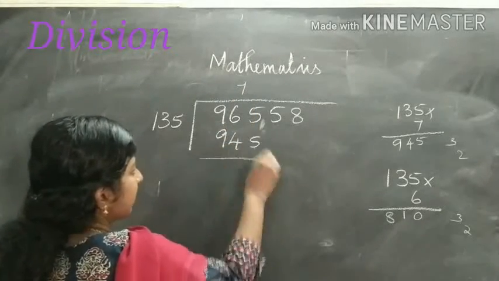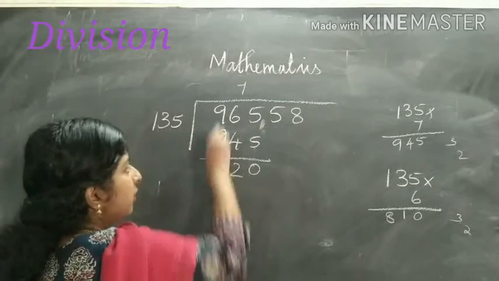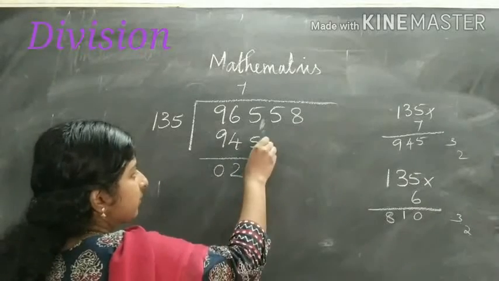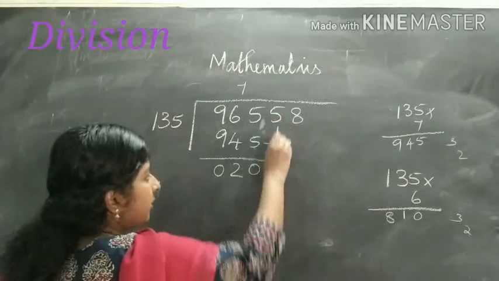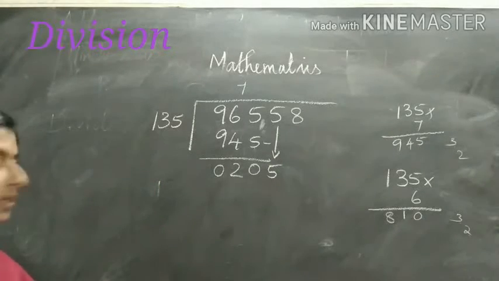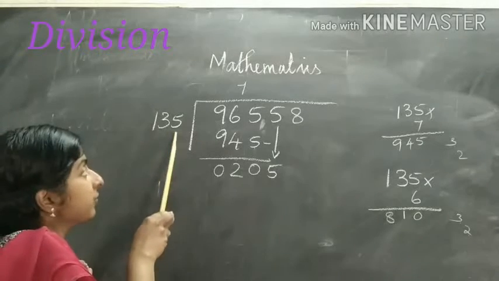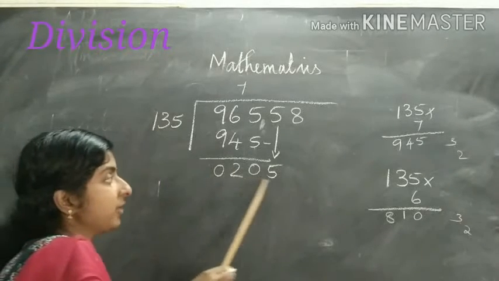945. 5 minus 5, 0. Then 6 minus 4, 2. 9 minus 9, 0. When you take this 5 down, 205. Next, 135 2 times is 270. Here only 205.